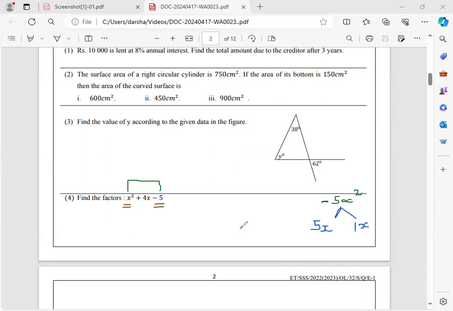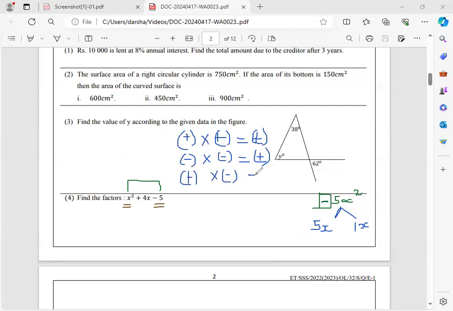Now, I have to get minus 5x squared. So how can I get a minus? In mathematics, when we multiply a positive number by a positive number, we always get plus. When we multiply a negative number by a negative number, we get plus. Similarly, when we multiply a positive number by a negative number, we get minus, and when we multiply a negative number by a positive number, we get minus.